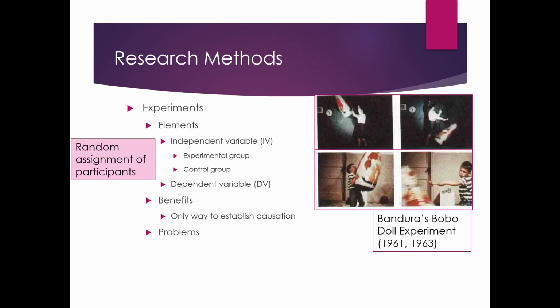Part of why I picked Bandura's study as an example is that it was a really good, tight experiment. He controlled everything, and the only thing that could possibly explain why the little boy is hitting that Bobo doll with a hammer is because he saw that lady do it. So in his design, he made sure to eliminate as many alternative explanations, or what we call confounds, as possible.